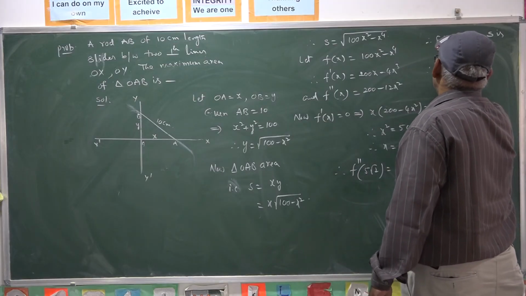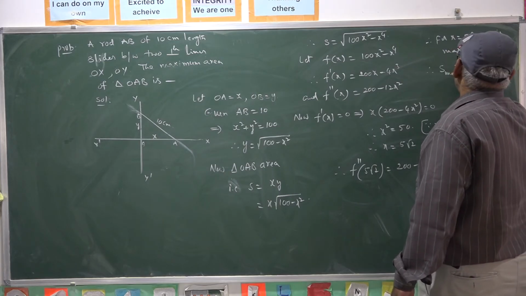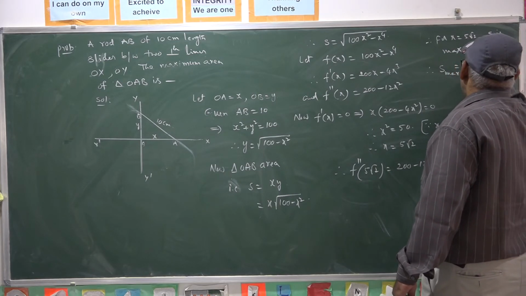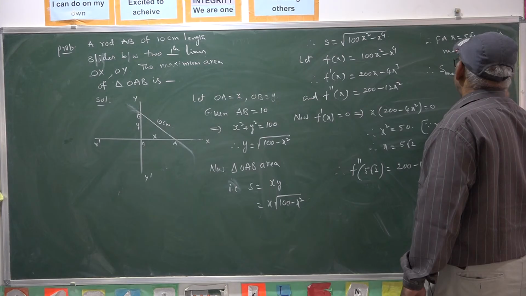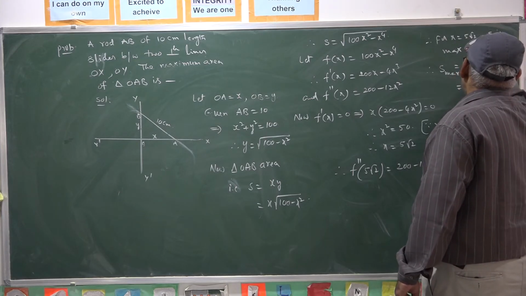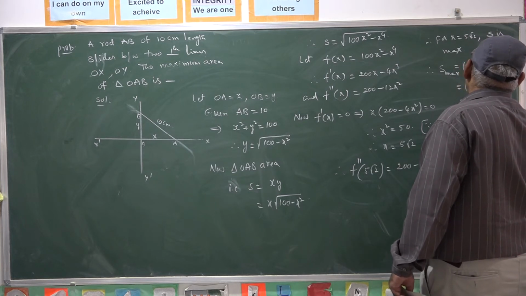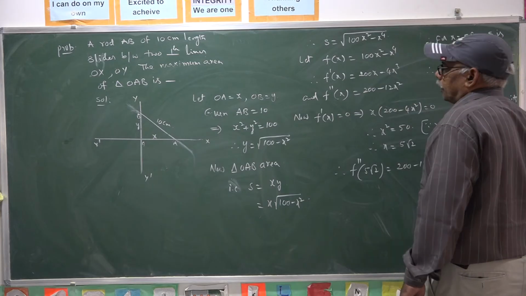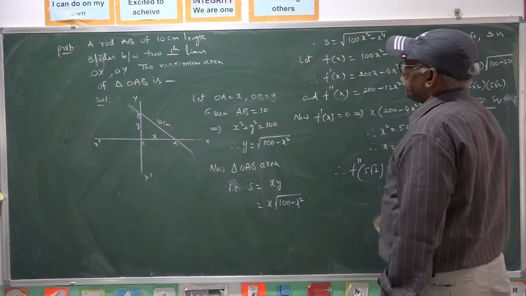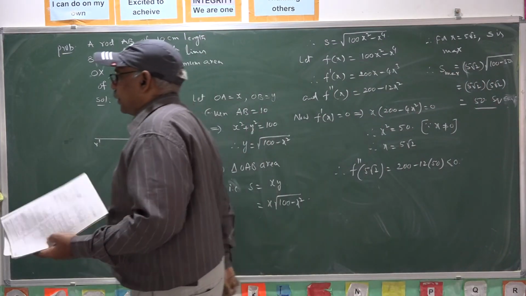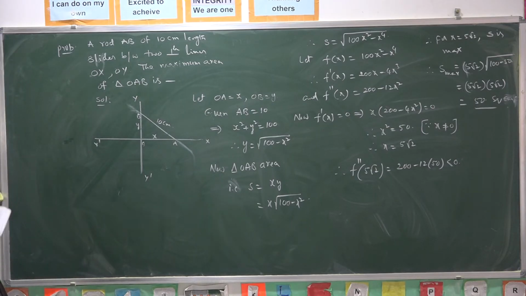Therefore, S maximum is 5 root 2 into square root of 100 minus 50, that is 5 root 2 into root 50, again 5 root 2, 25 into 2, 50 square units, square centimeters of course. The maximum area of such a triangle thus constructed is 50 square centimeters.